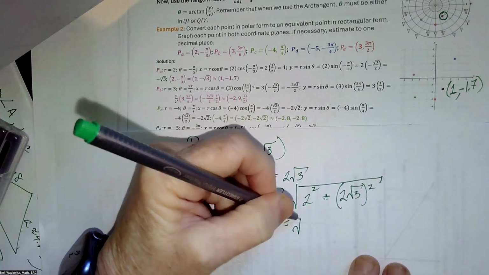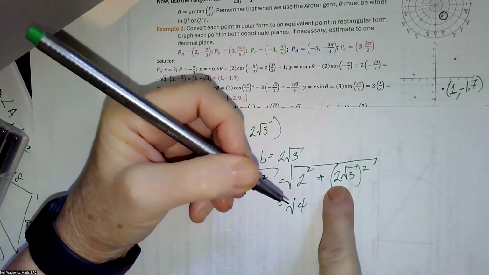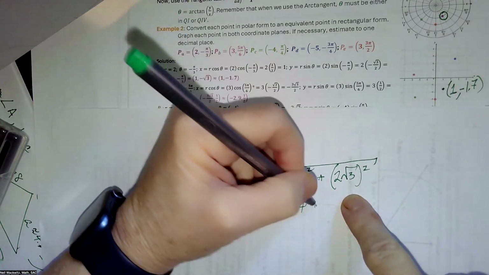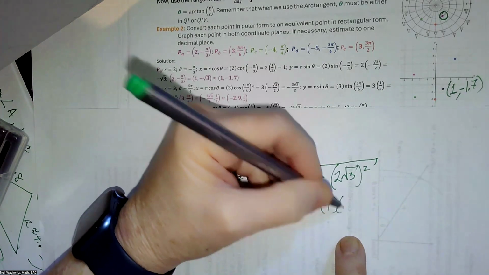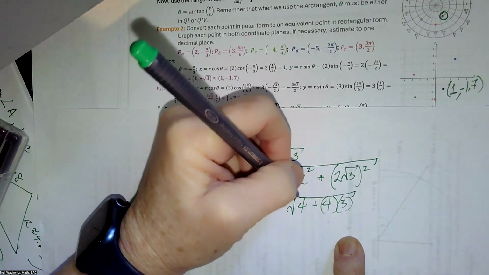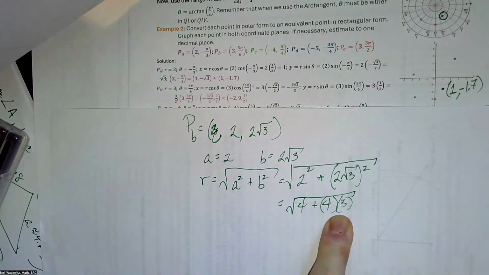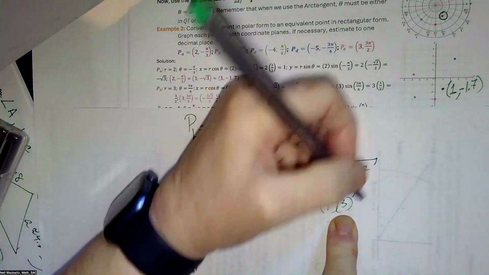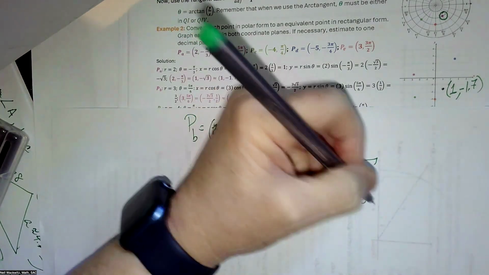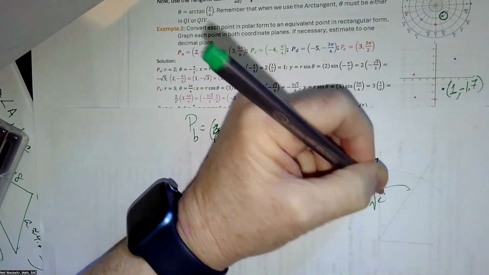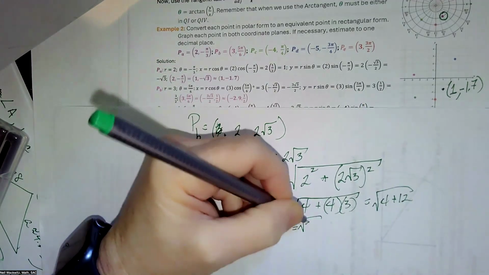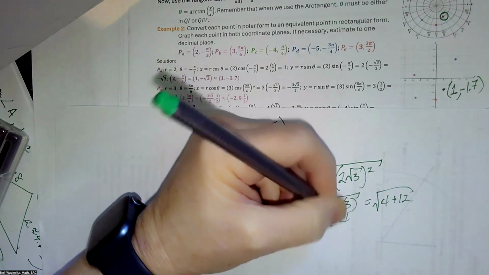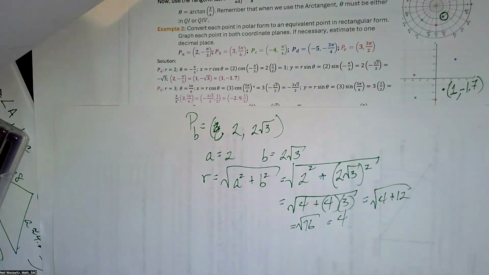Well, 2 squared, that's a 4. This 2 squared is also 4. And square root of 3 squared is 3. So 3 times 4 is 12. Plus 4. Let's write this down. 4 plus 12, which is 16. And the square root of 16 is 4. So here r is 4.